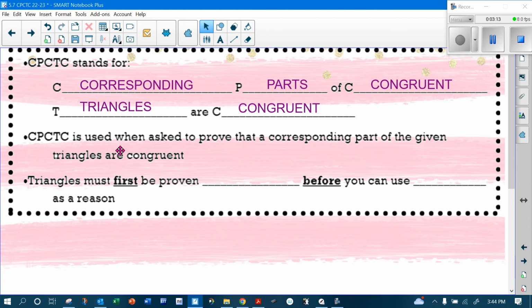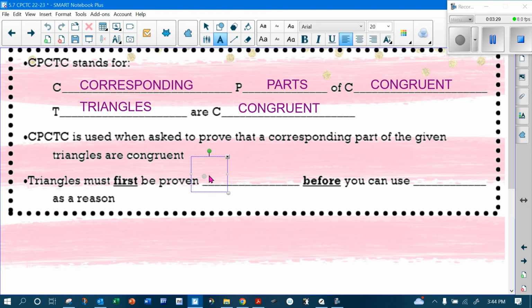So CPCTC is used when asked to prove that the corresponding parts of a given triangle are congruent. So triangles must first be proven congruent before we can use CPCTC as a reason.